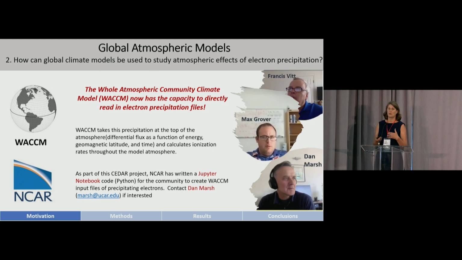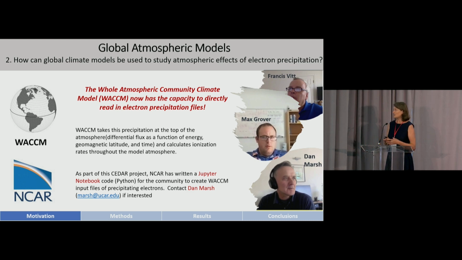And also, global climate models are continuing to improve. So our question was, how can models like the Community Earth System Model or the whole atmosphere version, the Whole Atmosphere Community Climate Model, WACCM, help us better understand the effects of electron precipitation in the atmosphere?